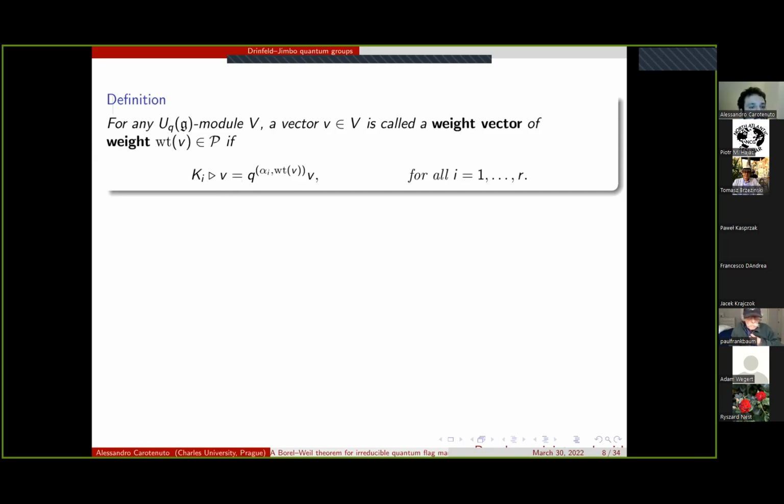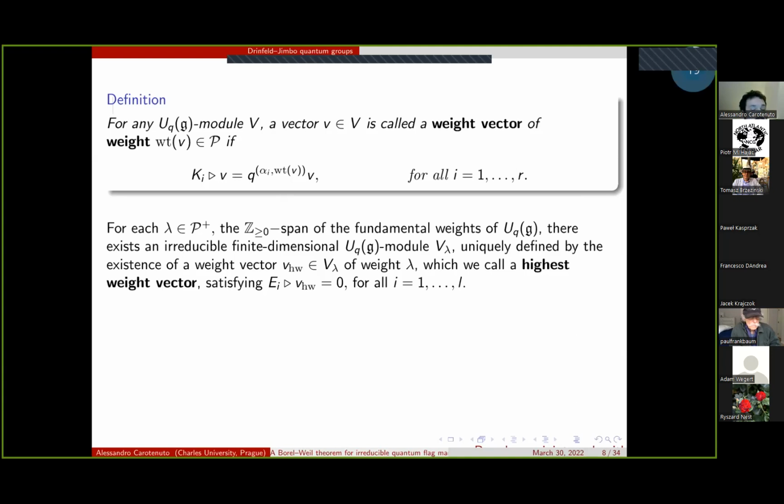So the weight of v is a tuple, a vector in Z to the rank of the Lie algebra. And in the following, this is just a notation. For each lambda, we denote as P plus the span of the fundamental weights of U_q(g).